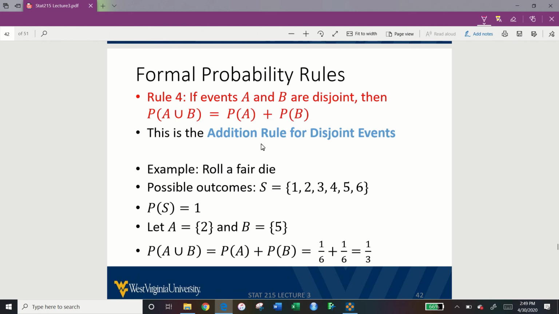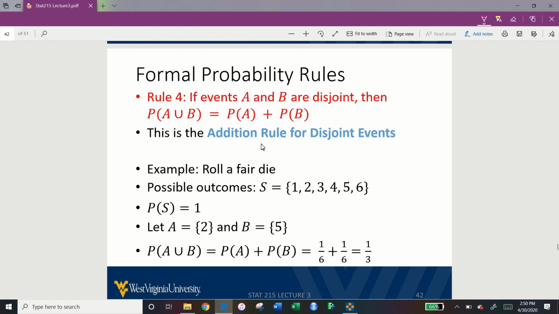For example, let's roll a fair die. We can recall that our sample space is 1, 2, 3, 4, 5, 6. The probability of our sample space equals 1. We are going to let event A be the event of rolling a 2, and we are going to let event B be that we rolled a 5.